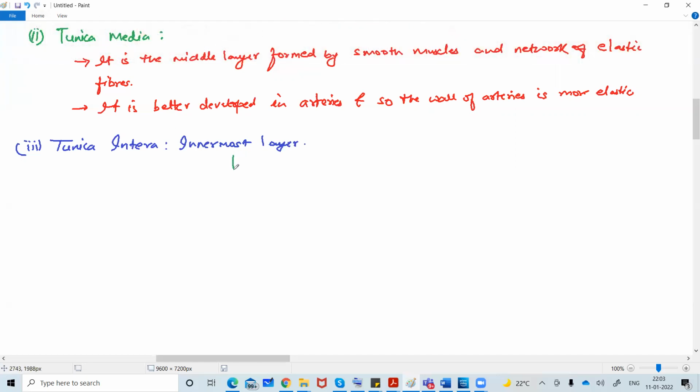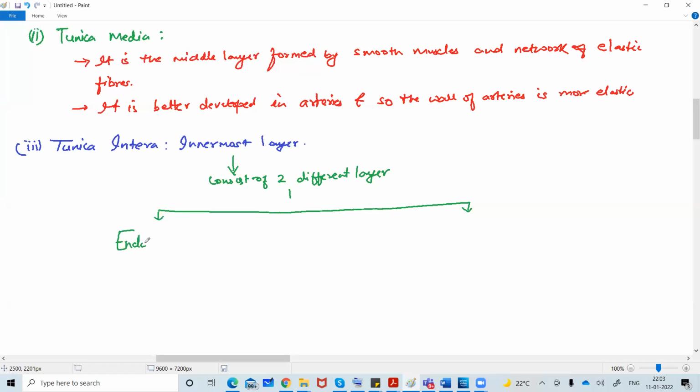So let's talk about the two parts. It consists of two different layers. So what are these two different layers? Let's talk about it. So first is endothelium, and second is elastic membrane.